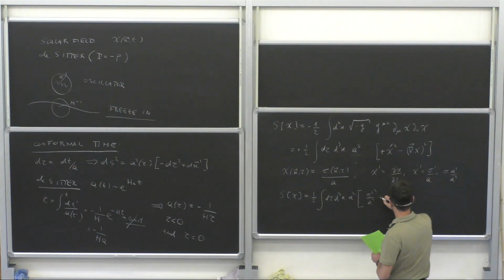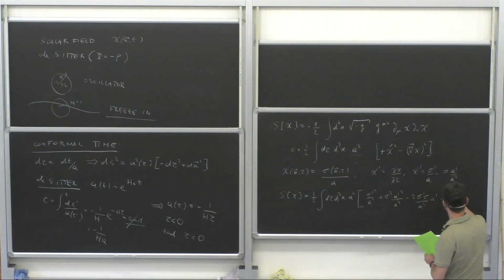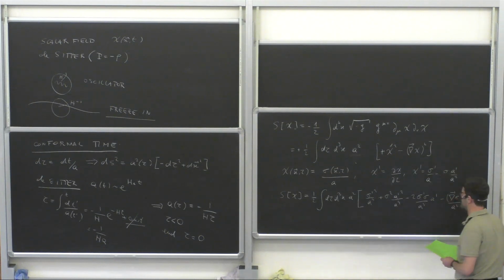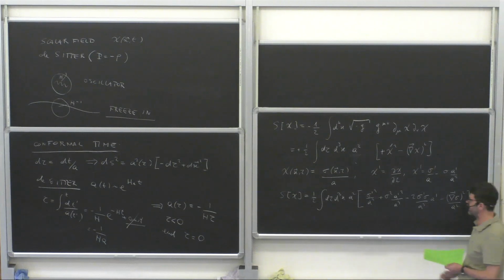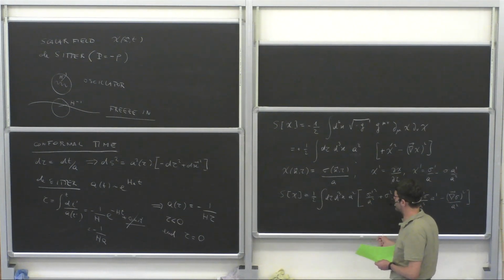Then I have plus sigma square a prime square divided by a to the 4th, minus twice sigma prime sigma divided by a cube times a prime, and then I have minus the gradient of sigma divided by a square. Okay? So you see now I start gaining something about this transformation, because now the a square will go away.